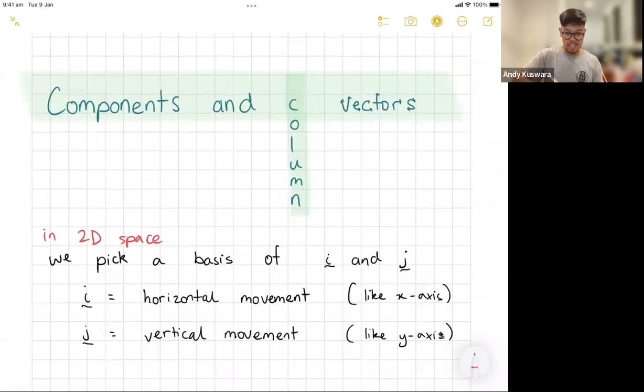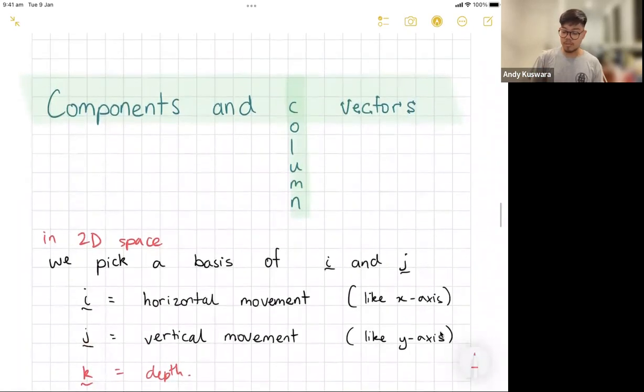And j is the vertical movement, so it's like the y-axis. If you're in extension two, there's the depth, so there's i, j, and k, where k is like the z-axis. But again, we're only talking about a two-dimensional space for extension one, so we're going to leave that for another video.